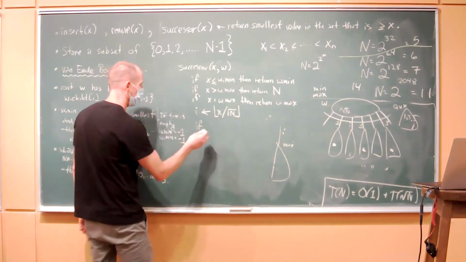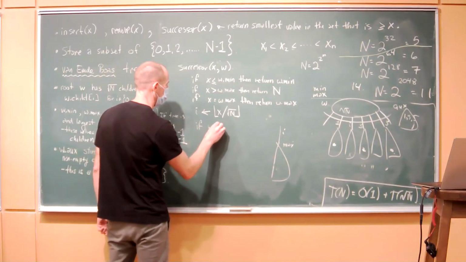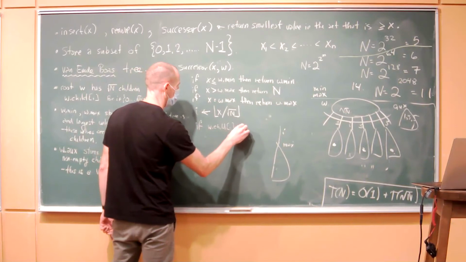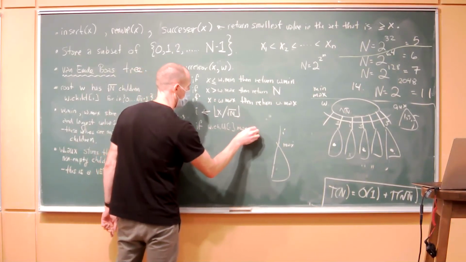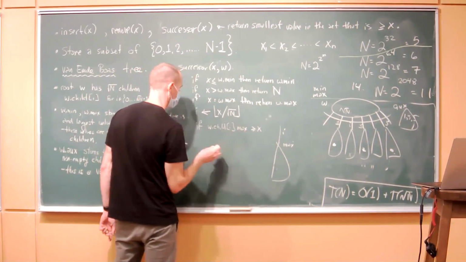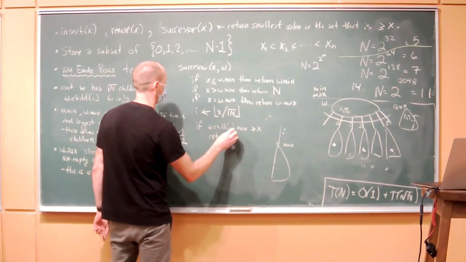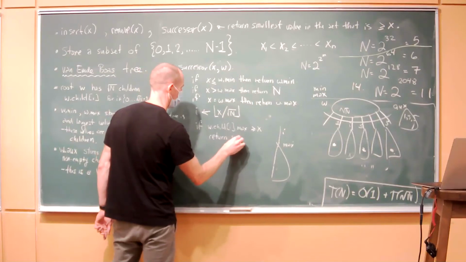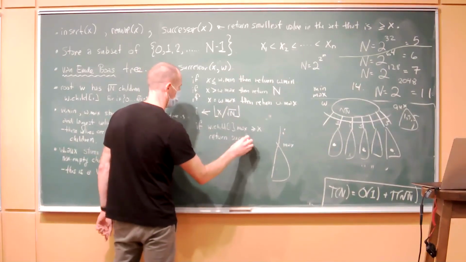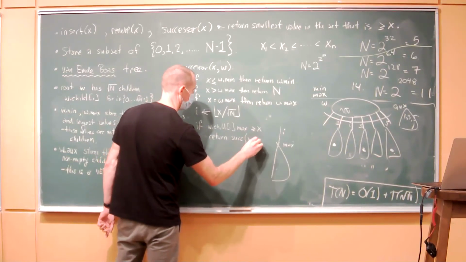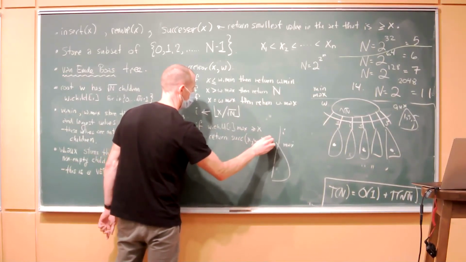Okay, so we say if W.child[i].max is bigger than or equal to X, then we return successor of X in W.child[i].